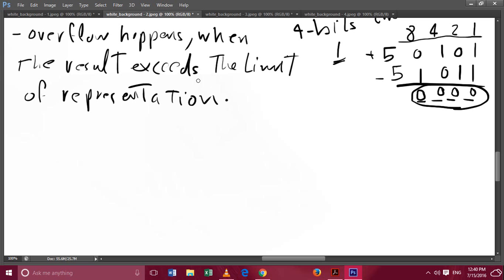So what does that mean? An overflow happens or occurs when the result exceeds the limit of representation.